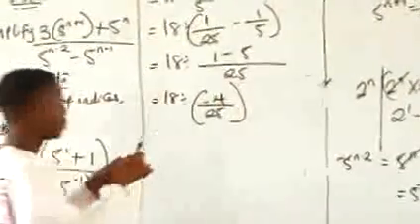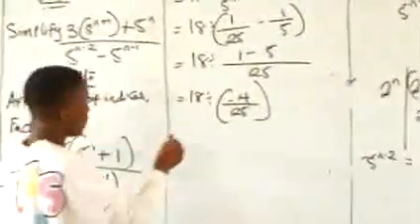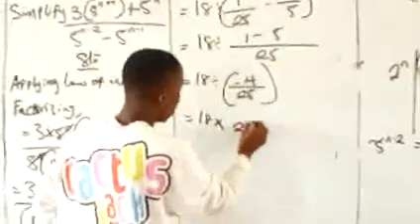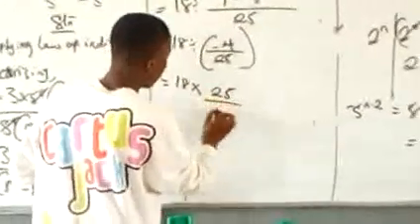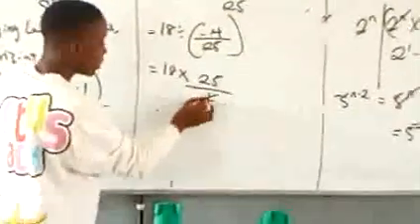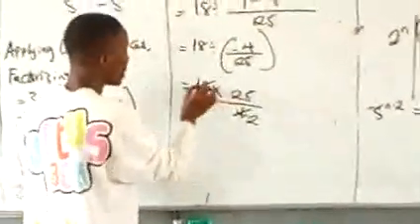Now in division, changing to multiplication, it will now be 18 times 25 over 4. Remember this minus sign. So now we divide: 2 divides 4, 2. 2 divides 18, 9.